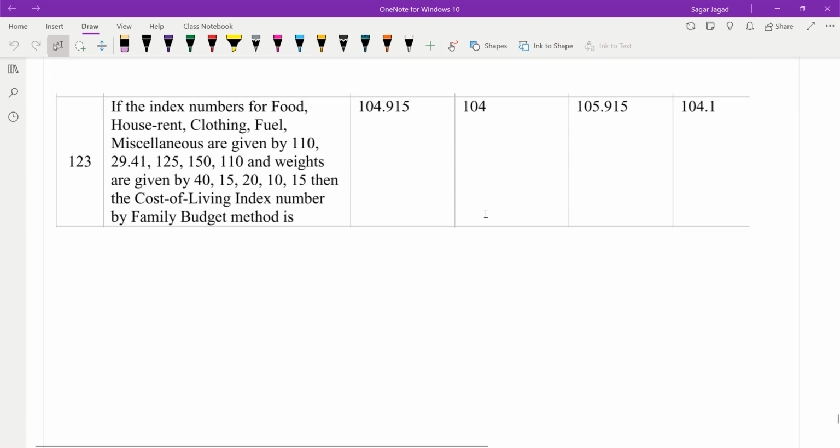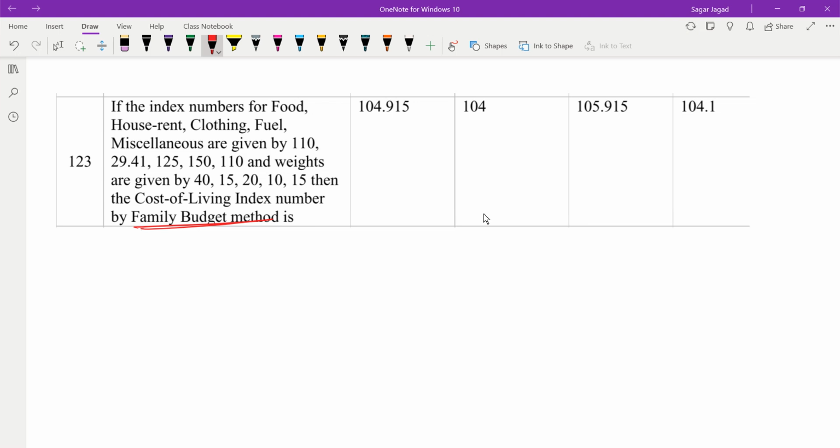If the index numbers for food, house rent, clothing, fuel and miscellaneous are given as this much and the weights are this much, find the cost of living index number by the family budget method. Okay, so this family budget method is actually using the same formula that we used for the previous question.